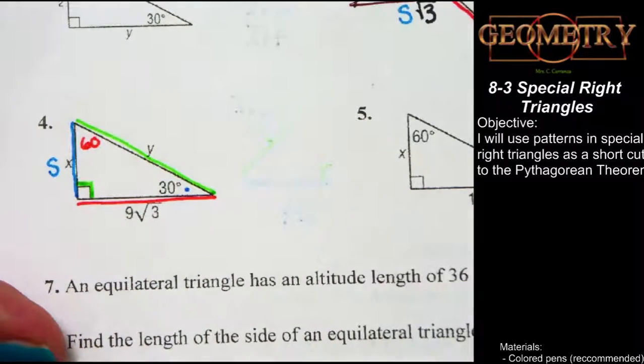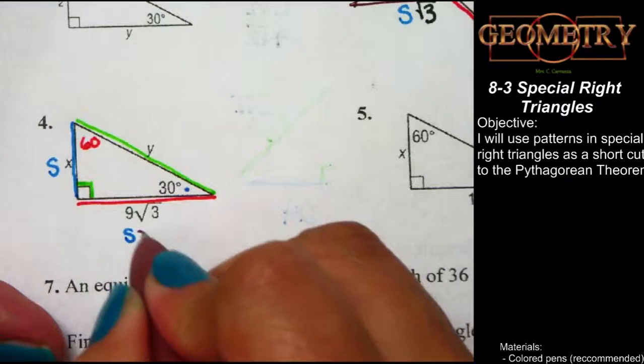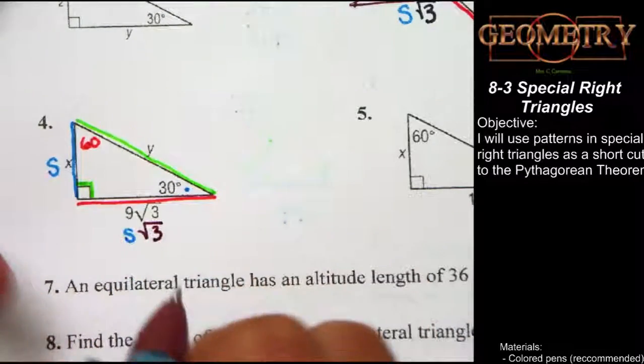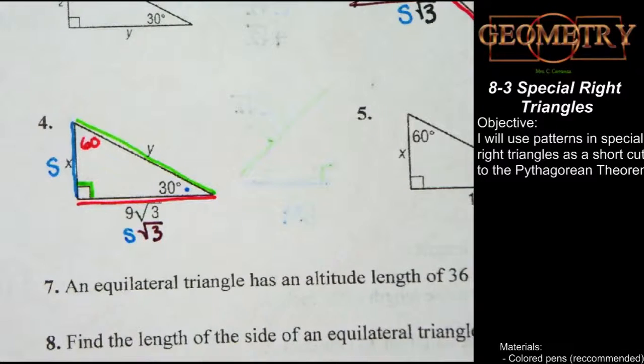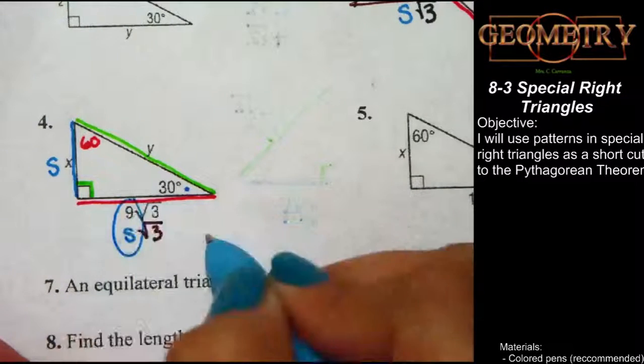According to my pattern, the medium side is whatever the measure of the small side is times the square root of 3. But I don't know the small side. I've been given the medium side. Since the medium side is 9 square roots of 3, 9 is the measure of the small side.